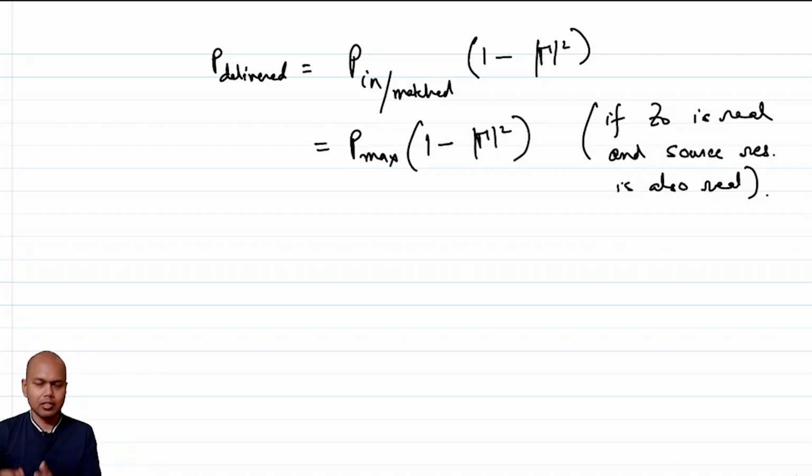You can measure the gamma fairly easily, which essentially means that if I just get the value of gamma, I should be able to find out the net power that is going into a system, or the net power that I am extracting from a load.